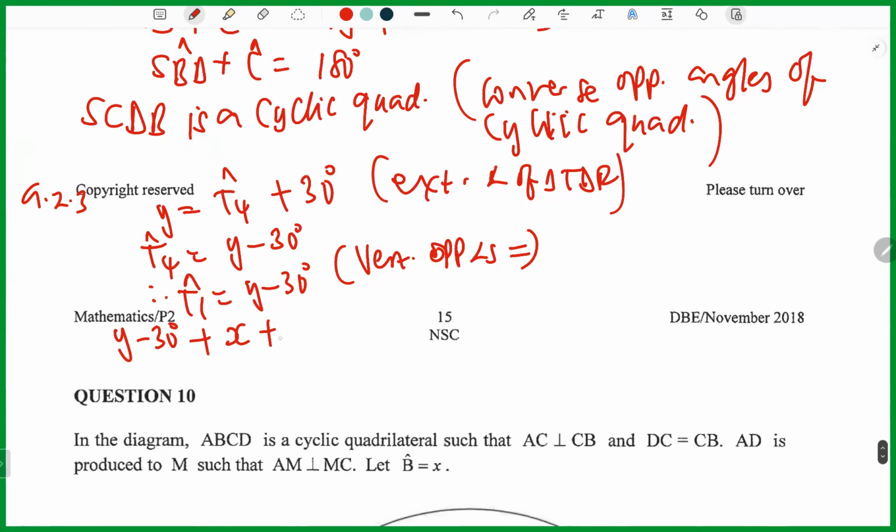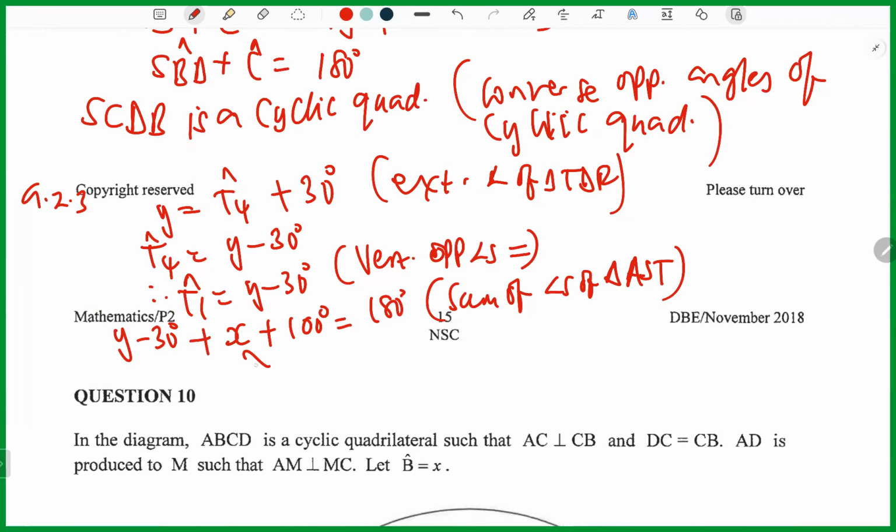So we have y minus 30 plus X plus 100 degrees. This is 180 degrees. Why? Sum of angles of triangle AST. If you add everything here, you'll get that X plus Y is equal to 110 degrees.